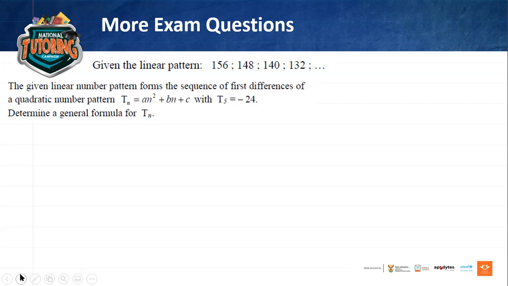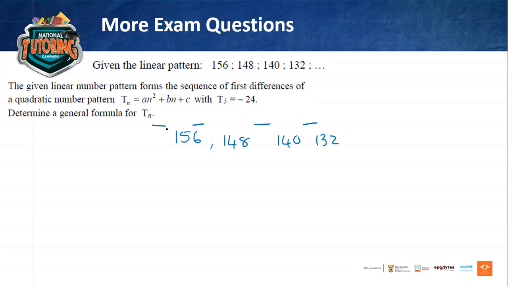And here they're talking about the sequence of first differences of a quadratic pattern. So they are saying this linear number pattern is the first difference for a quadratic number pattern. And in our last couple minutes, I think I'm going to do this question. So we've got 156, 148, 140, 132, and they are saying it is the first difference of a quadratic number pattern.